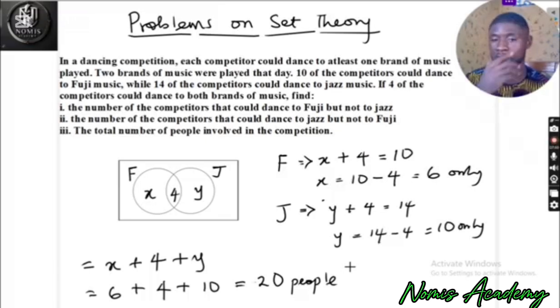Set notation. So let's get it. If I'm looking for the value of x, that means x, which is equal to 10 minus 4, let's go to the next page.